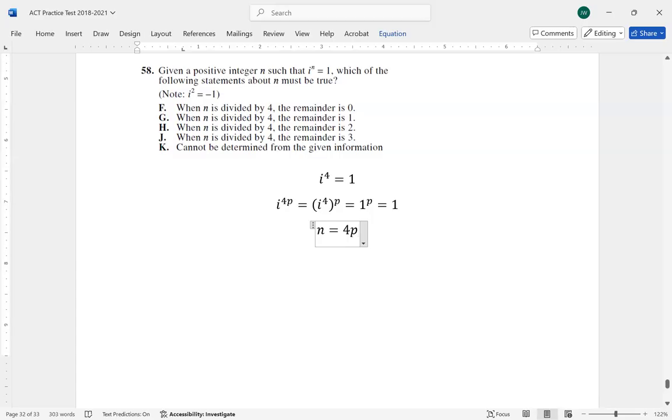So n has to be such that when I divide it by 4, I get a remainder of 0. So n over 4 is equal to an integer with remainder of 0. So F is the correct answer to question 58.